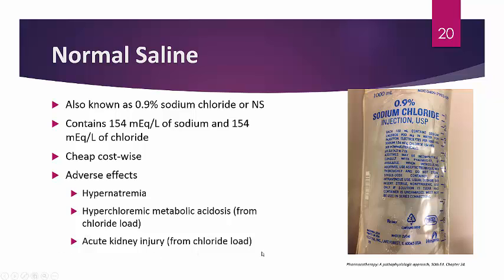Because remember, acute kidney injury in hypovolemic shock occurs from fluid not going to the kidneys, essentially. So this acute kidney injury may occur from chloride load, but it's not the actual etiology of the acute kidney injury in shock. Remember, that etiology is because your patient is hypovolemic.